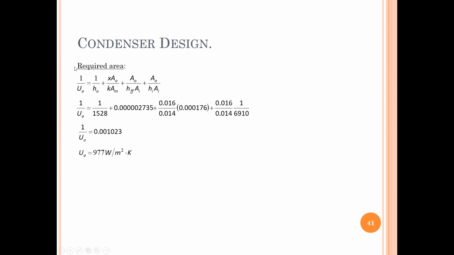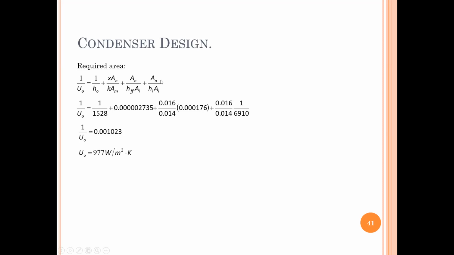So the required area now: 1 over U_o is equal to 1 over h_o plus x A_o over k A_m plus A_o over h_ff A_i plus A_o over h_i A_i. Based on outside area, it is 1 over 1528 plus 0.00000275 plus 0.016 over 0.014 times 0.000176 plus 0.016 over 0.014 times 1 over 6910.